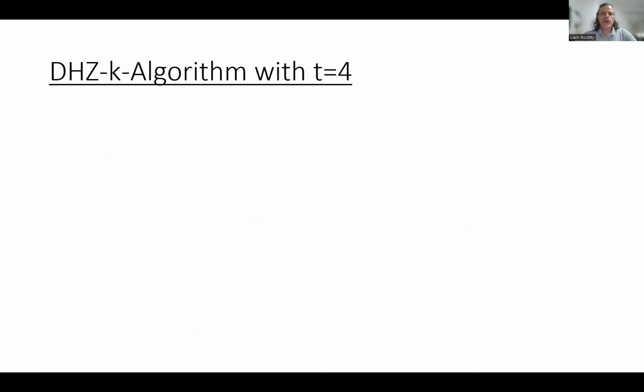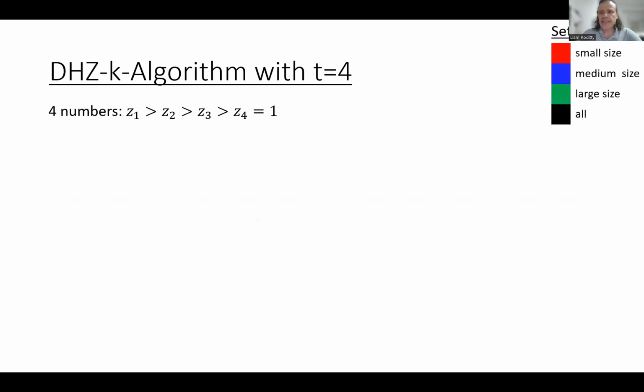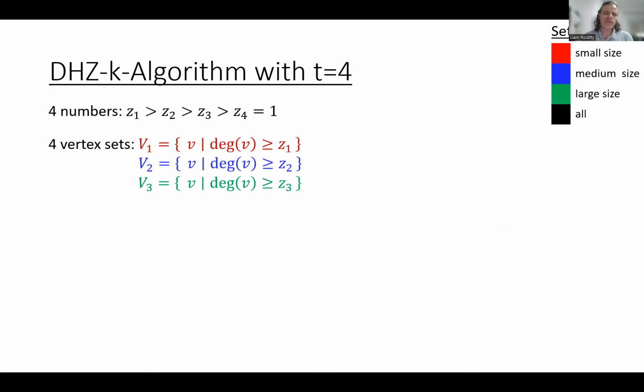So let's see what we can say when t is equal to 4. When t is equal to 4, it means that we have 4 numbers, where the last one, Z4, is 1. And we have this color map here to help you remember which set is large and which set is small. V1 will be a small set because it only contains the vertices of degree at least Z1.